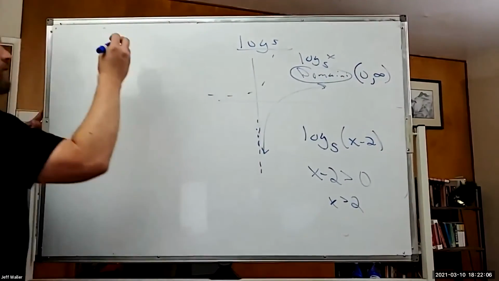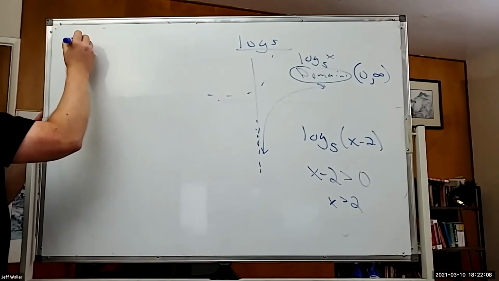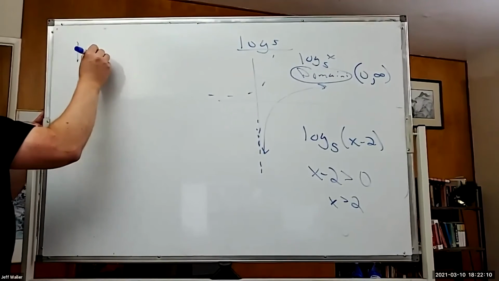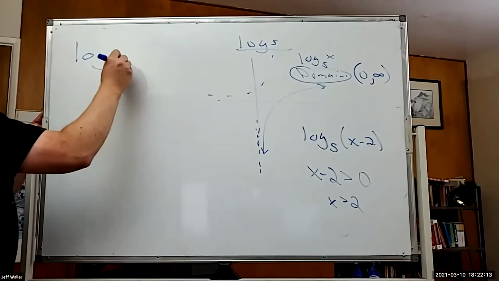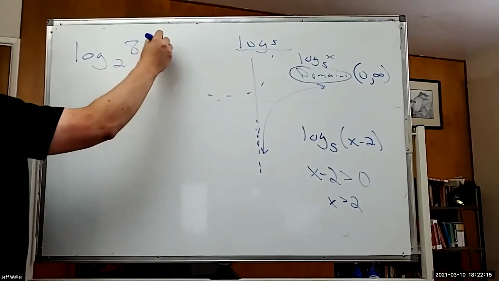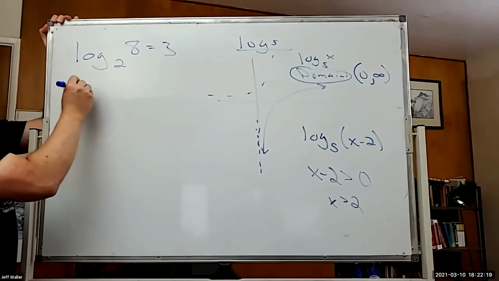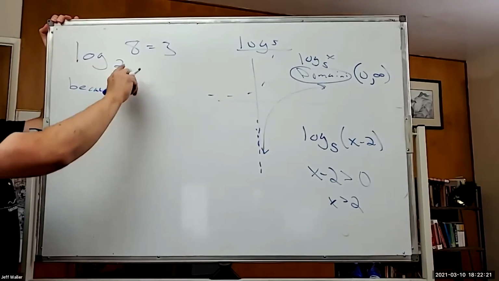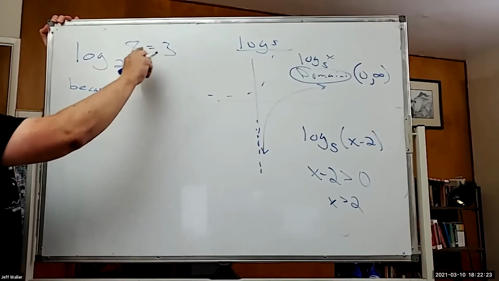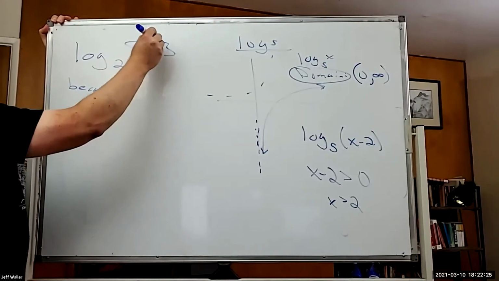Now, let's talk about this. Somebody left. Do you remember how I rewrote this to see why it made sense? How do I rewrite this? Why is this true? Because 2 cubed, yes.